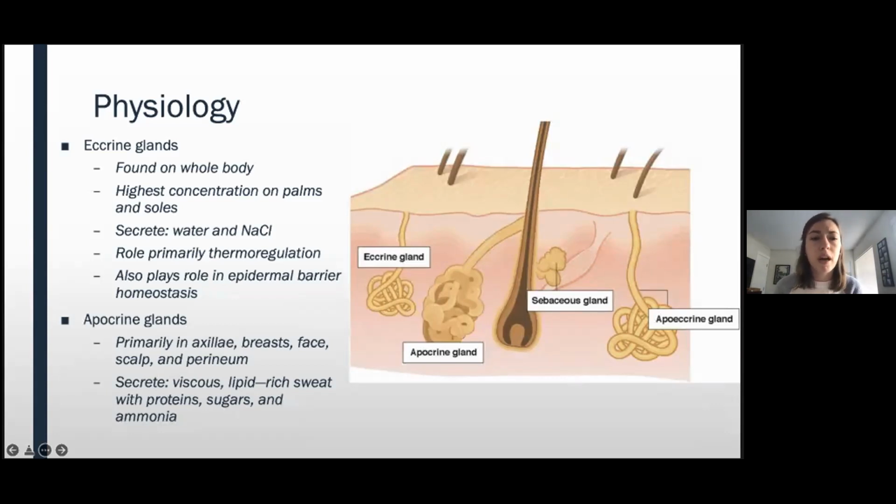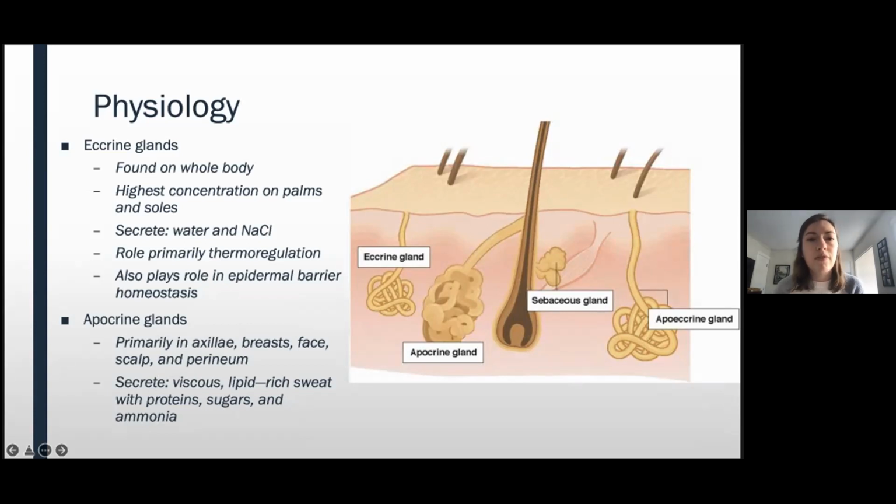Their role is primarily thought to be thermoregulation, but they also play a role in maintaining our epidermal barrier and allowing for homeostasis in our microbiome that's on our skin. Apocrine glands, as you can see in the picture, are usually associated with hair follicles.